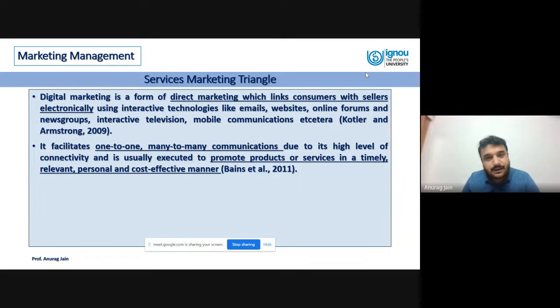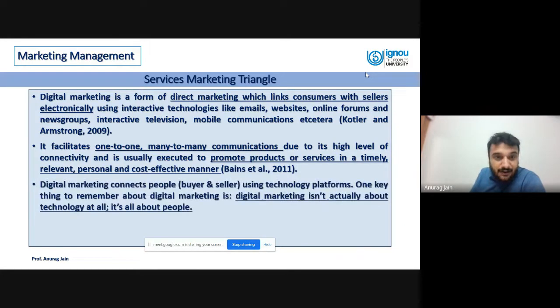Nowadays we are in a connected world, and whatever we do and share, we can do very effectively and easily, because all of us are connected with the marketers. On the other hand, marketers are equally capable of reaching out to us. So marketers execute many different strategies to promote products and services in a timely, relevant, personal and cost-effective manner. This is possible because digital marketing is there.